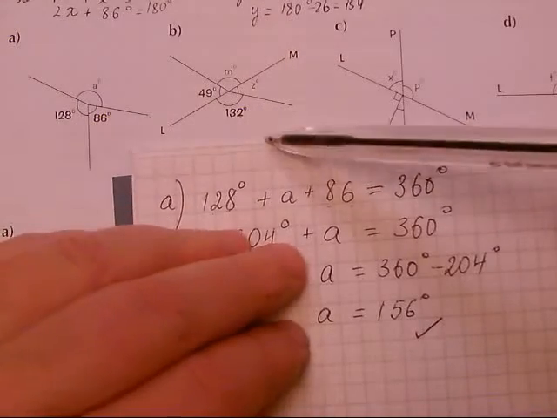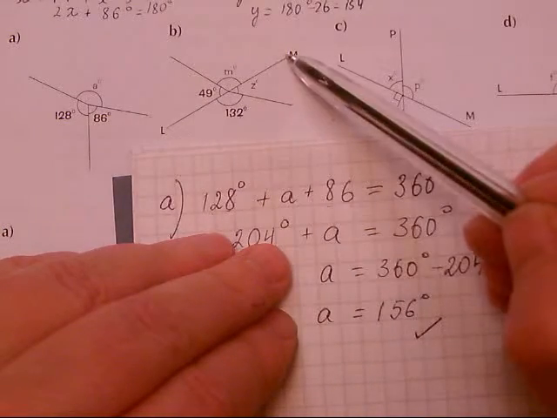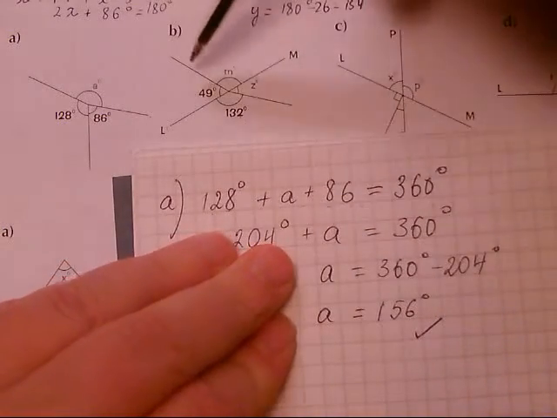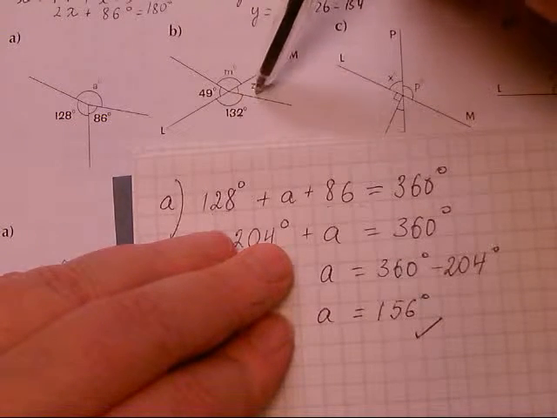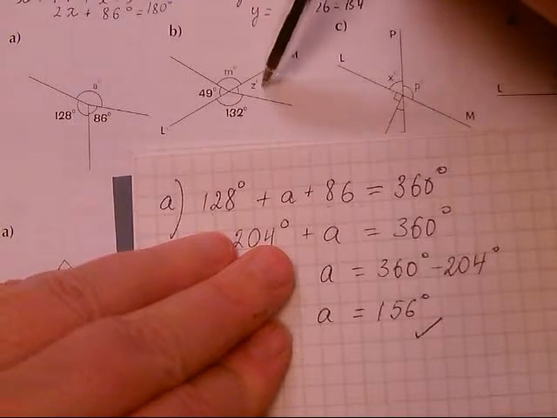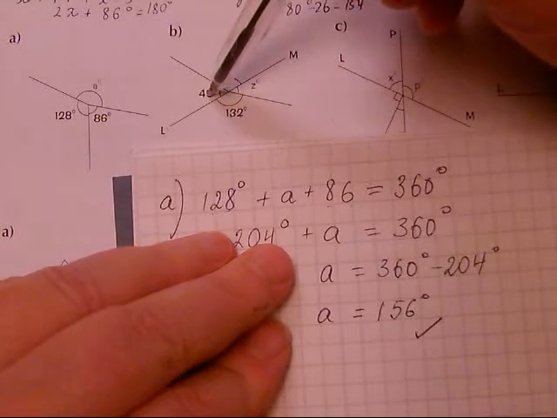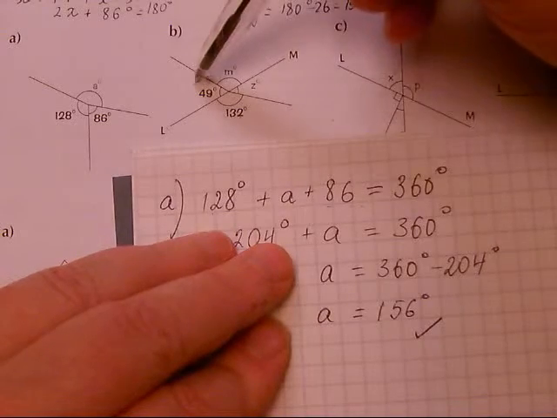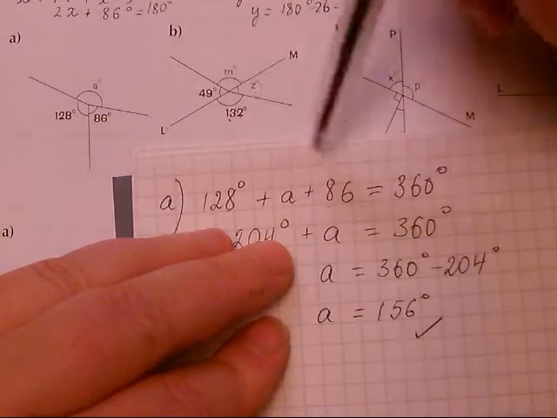By the way, LM is a straight line, but this other line is actually not a straight line, so we can't say what I first wanted to say to you. I wanted to say that Z is equal to 49 degrees because they're vertically opposite, and M is equal to 132 because they're vertically opposite.